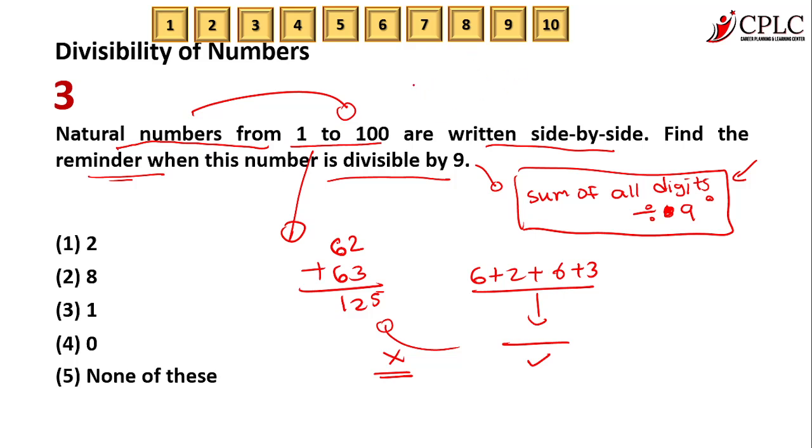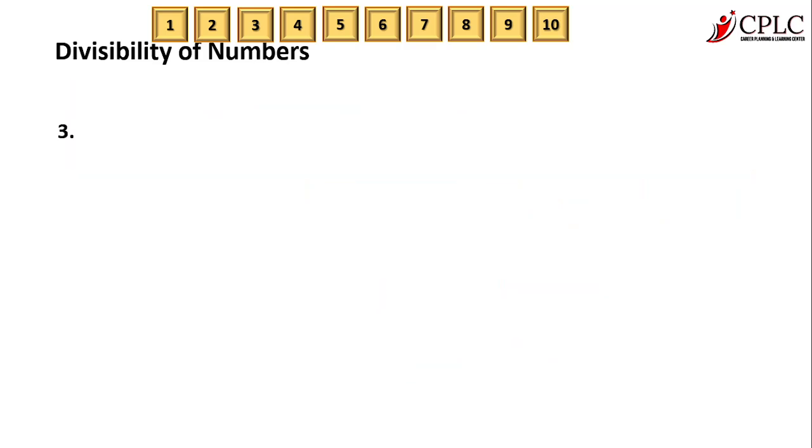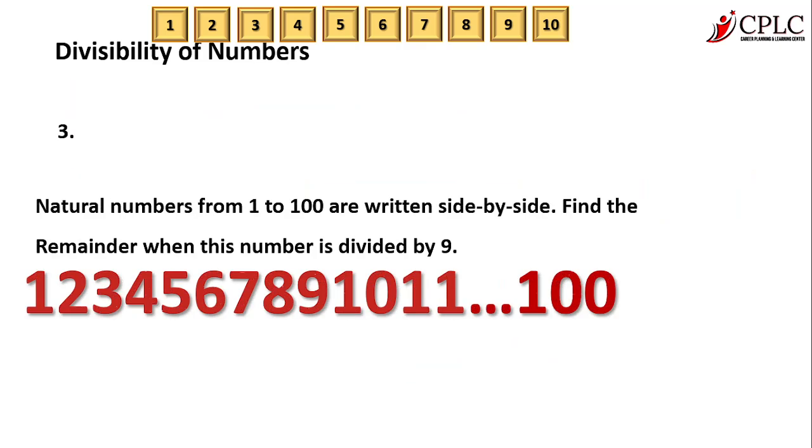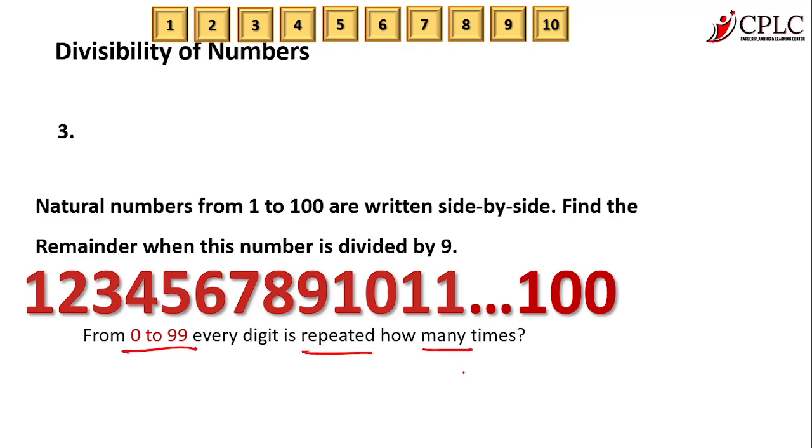So clearly the same digits, that is 1 to 9. These 1 to 9 digits are going to be used again and again to write all the numbers. The only change is that their place values keep changing. So we need to find one simple observation first, which will act as a property eventually: from 0 to 99, every digit is repeated how many times?